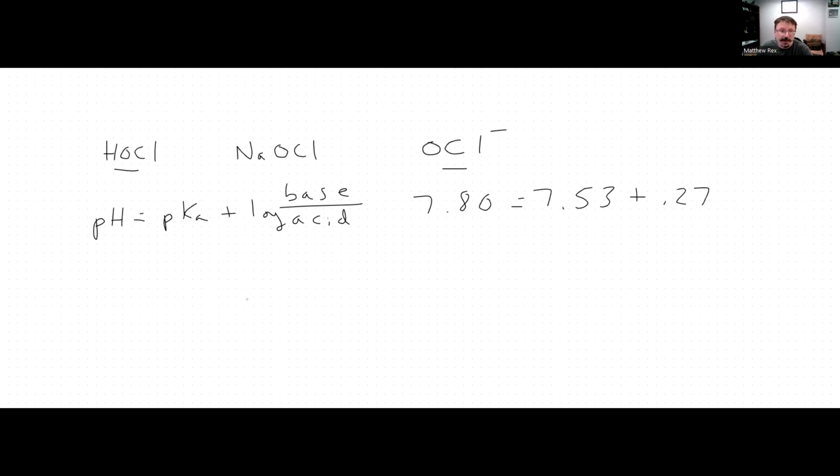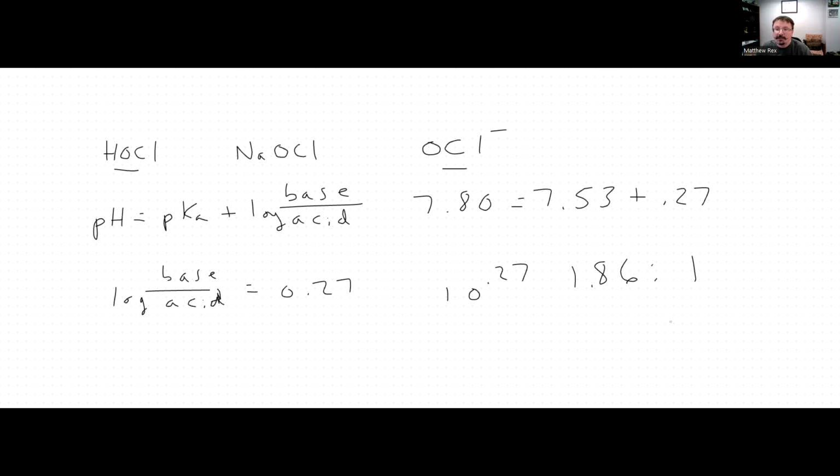So I need to figure out what ratio of base to acid gives me 0.27. So if I take the anti-log of that, I get 1.86. So that means I have to have 1.86 times as much base as acid.